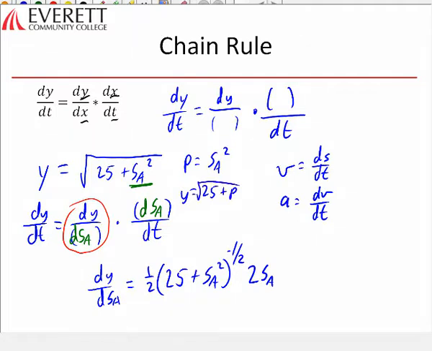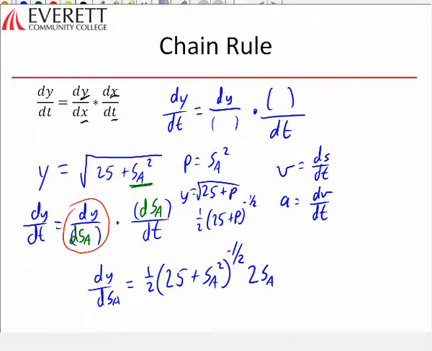And when I take the derivative of that, I'm going to end up with my 1/2 times 25 plus p to the negative 1/2. Now I have to multiply that by dp dt. Now dp dsA, which is what I got here, the 2sA. So I used a chain rule there, but I still need to use another chain rule, because what I found here is just dy dsA. Now I need to find dy dt.